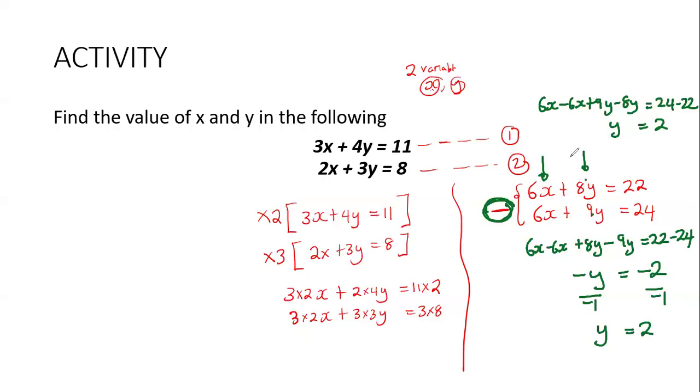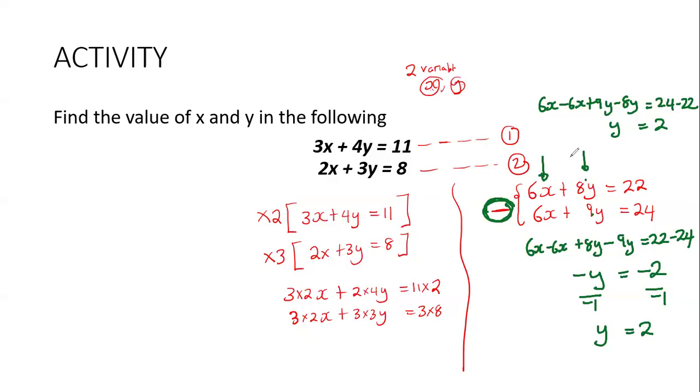Sumaya? My question is about the 6x minus 6x. There we get 0 or we just get plain x?